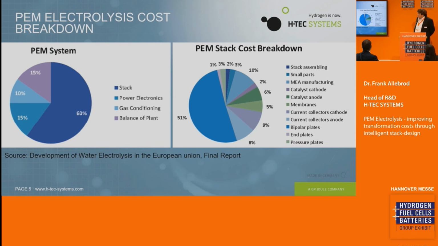So the PEM electrolysis cost breakdown, there's one study saying what actually are the costs for a PEM system and for a PEM stack. On the left-hand side, we see that a stack contributes more than half to a PEM electrolysis system.